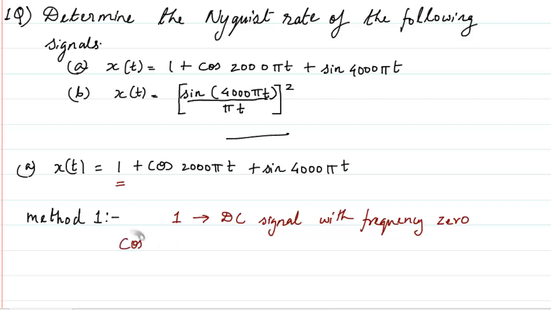Next you have cos 2000 pi t. We know omega is equal to 2 pi f.